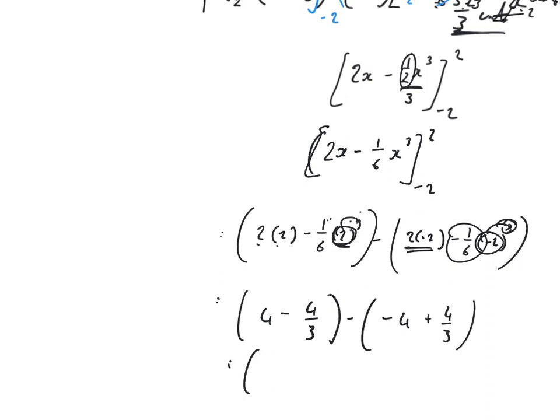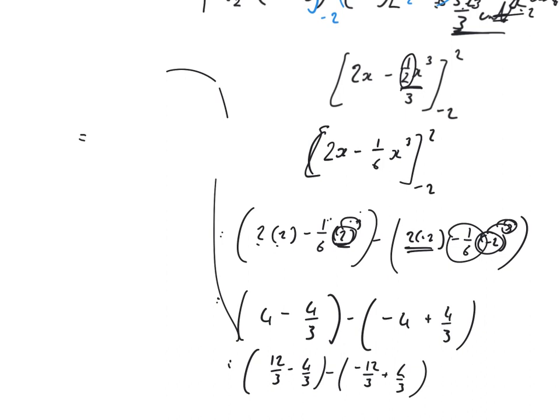Okay, so that's going to be 12/3 minus 4/3, close the bracket, minus 12/3 plus 4/3. Okay, so that's going to be 8/3 minus minus 8/3, and that's 8/3 plus 8/3. Final answer then is 16/3 units squared.